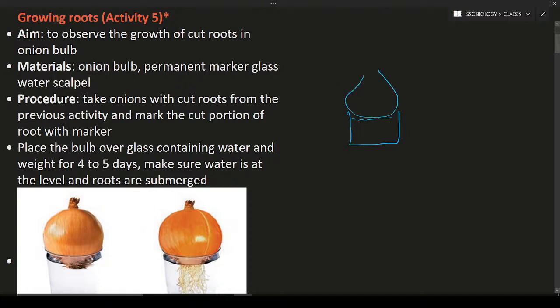After placing it, you can see the growth of roots. Beneath the onion bulb, where it touches the water, you can see the growth of roots. Let us remember, this is completely the water.